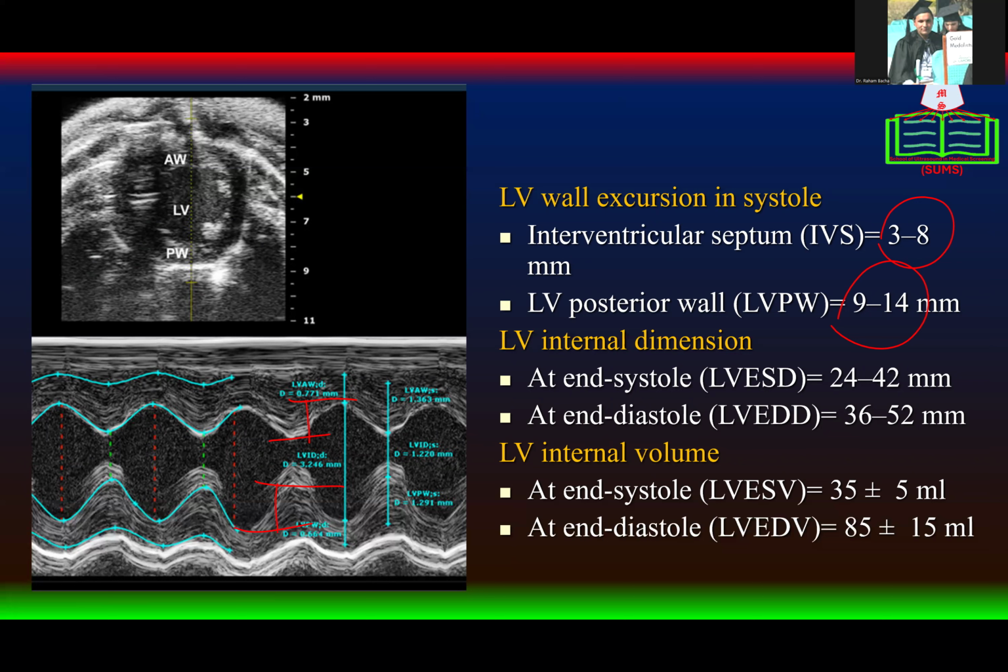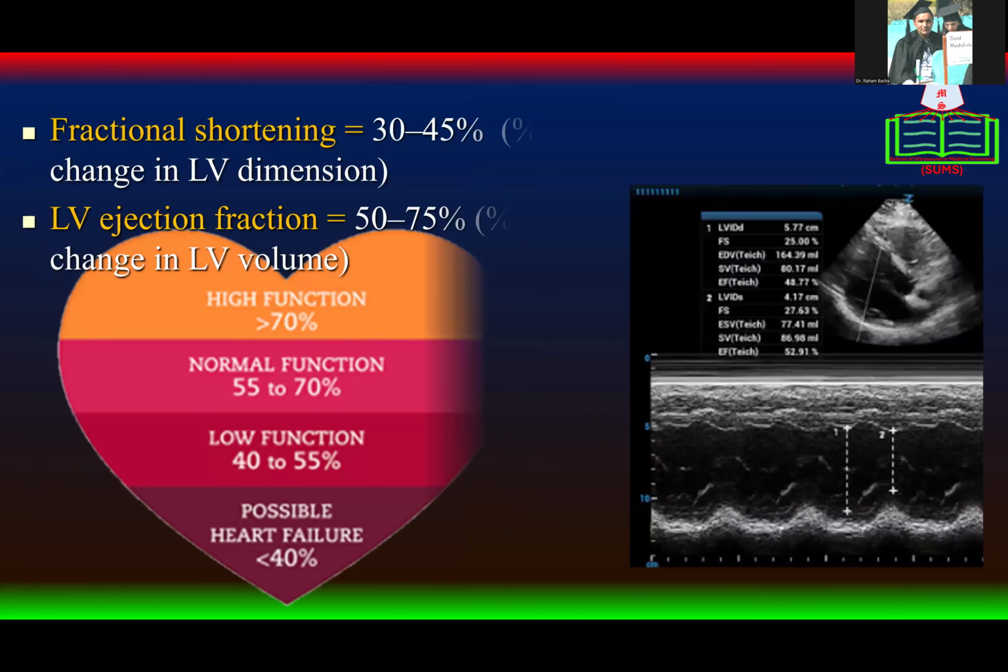The left ventricular internal volume, if it is measured, the systolic volume will be 35 with 5 ml of standard deviation, and the diastolic volume will be 85 with a standard deviation of 15 ml. Fractional shortening is 35 to 45% change in the left ventricular dimension.